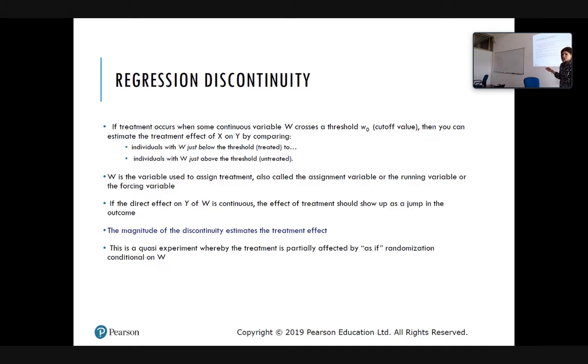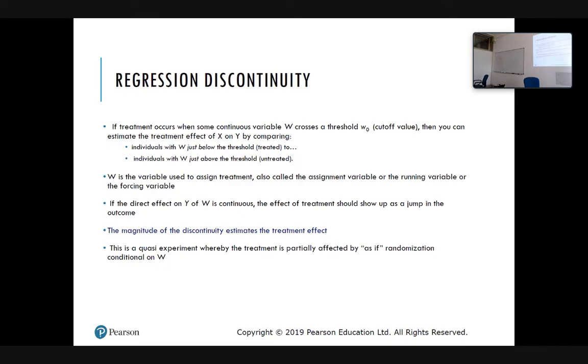on a condition on another variable, whether or not this other variable is above or below a certain cutoff value. And the intuition of this methodology is that regression discontinuity compares those individuals which are just below and just above the threshold.